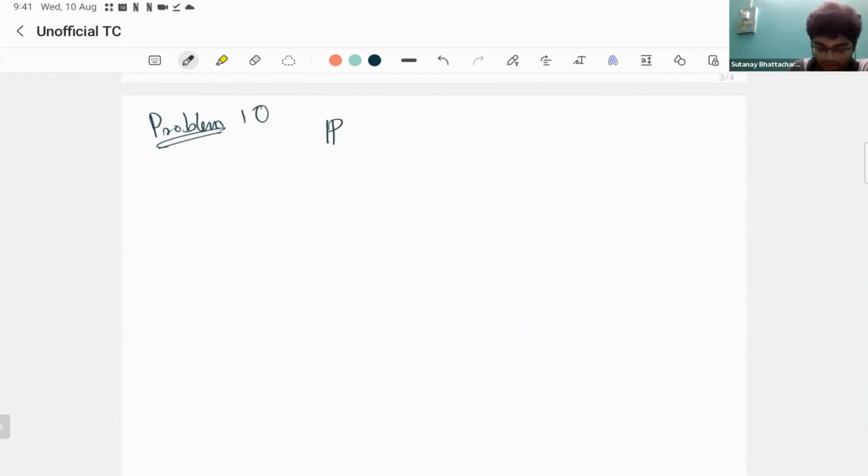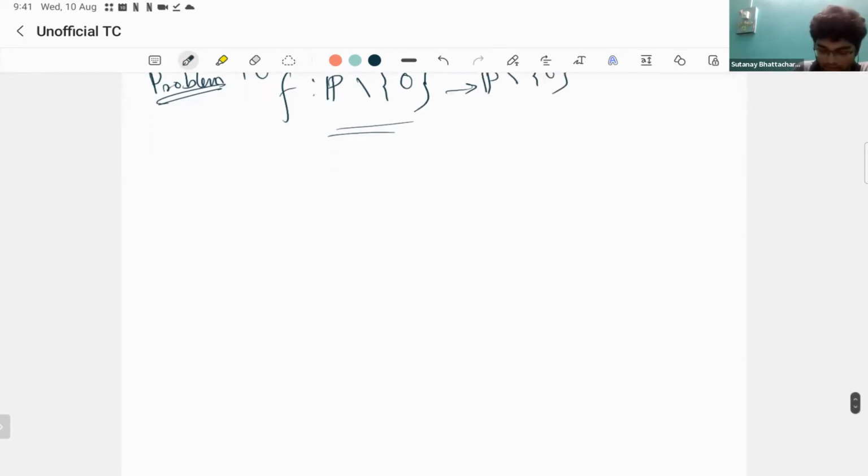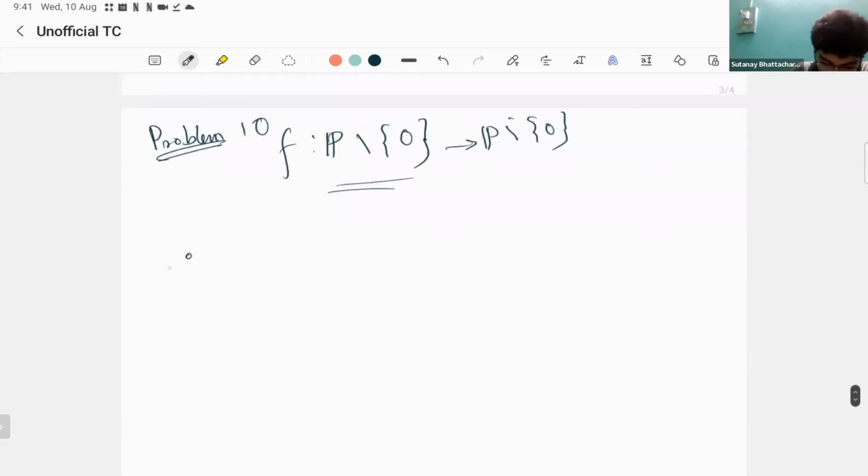So we have a set of all points on the plane P, and we are removing this one specific point O, and we are defining a function that takes points on this punctured plane to points on this punctured plane. And what's the condition?